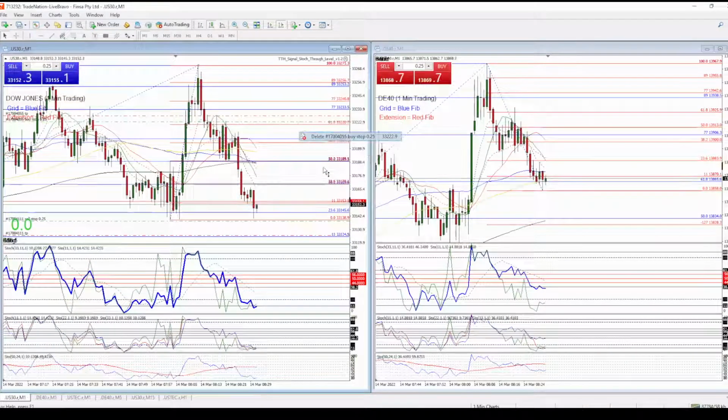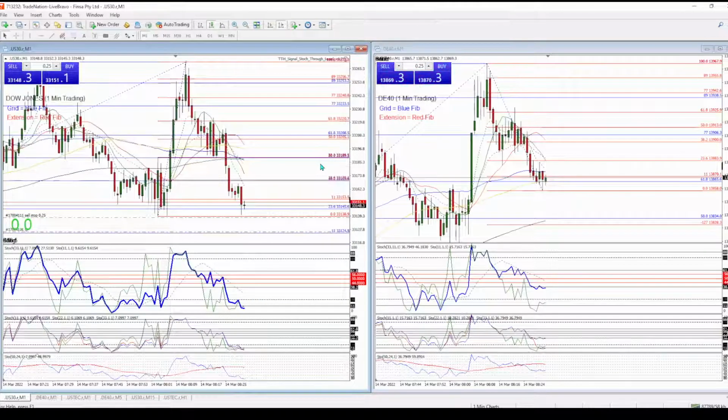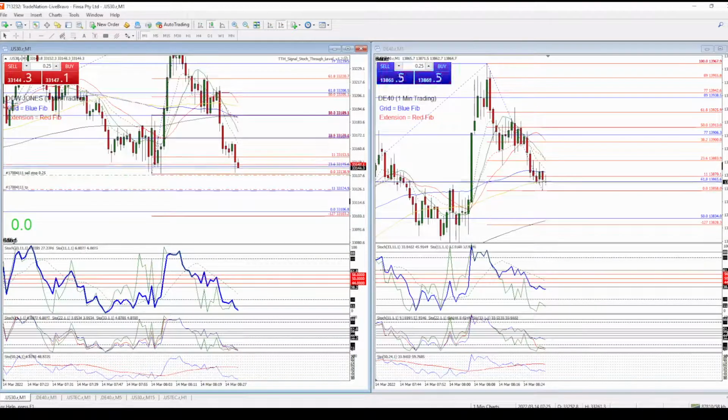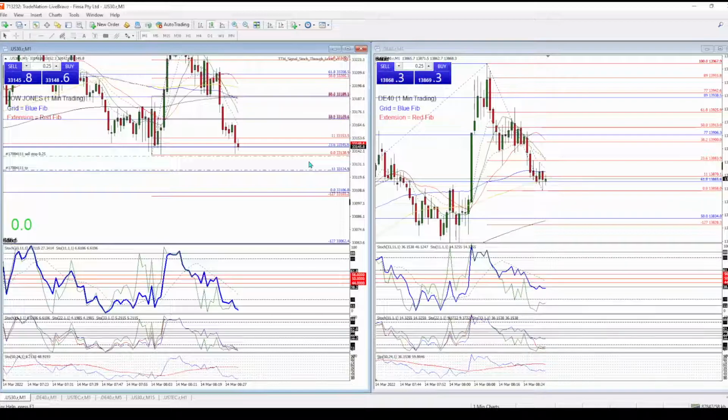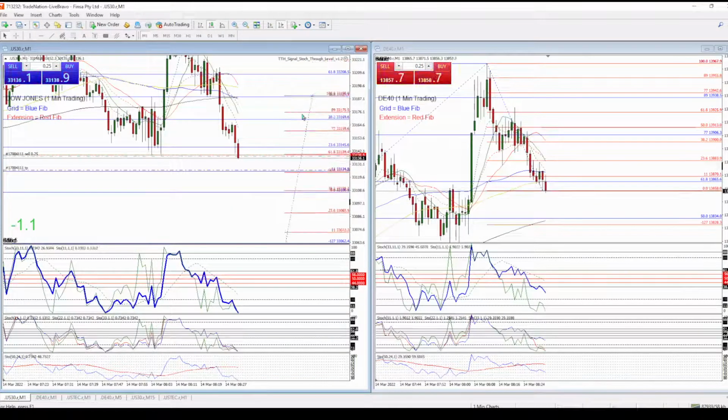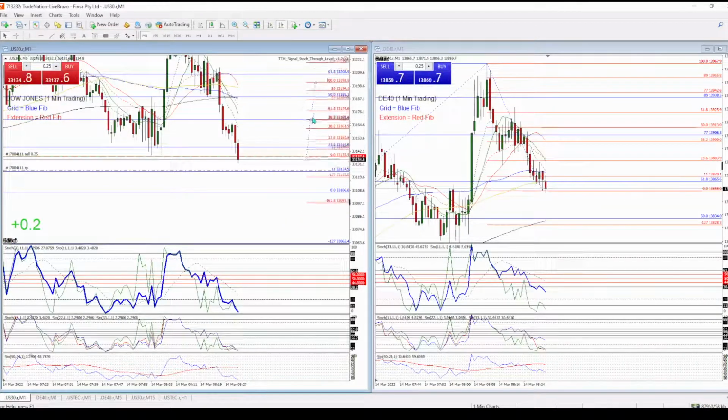I'm going to delete this above 61.8. Took that sell stop on the Dow. Just going to put this extension fib to the side for now. Aiming for that 11.